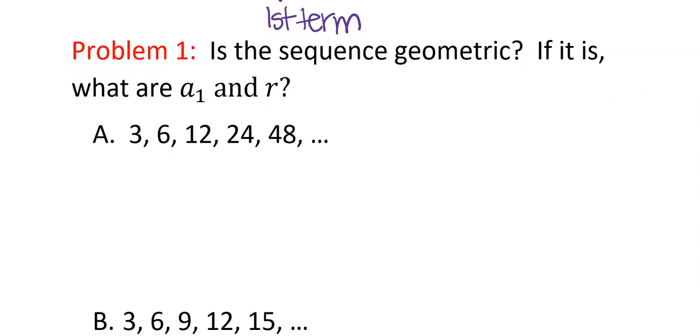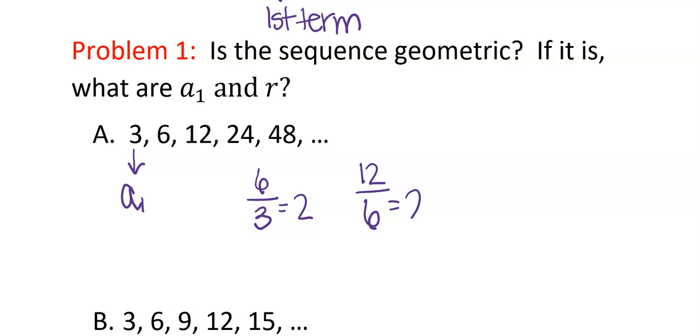You just have to determine, is it a geometric sequence or not? If it is, what are a sub 1 and what is the r? So a sub 1 is always the easiest one to find because that's your first term, whether it's a sequence that's geometric or not. And what you're going to do is take, for instance, the second one divided by the first one and you get 2. The third one divided by the second one and you also get 2.